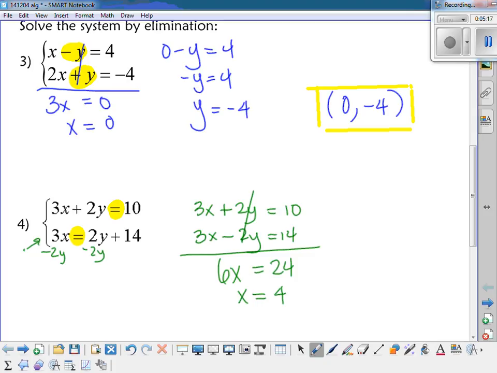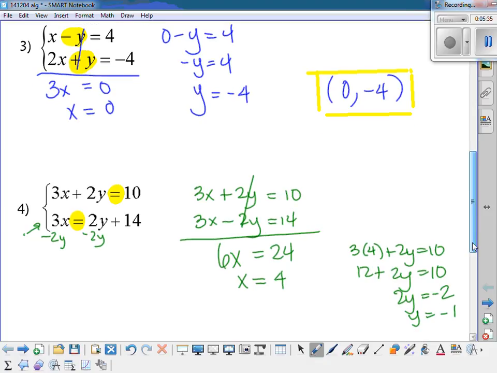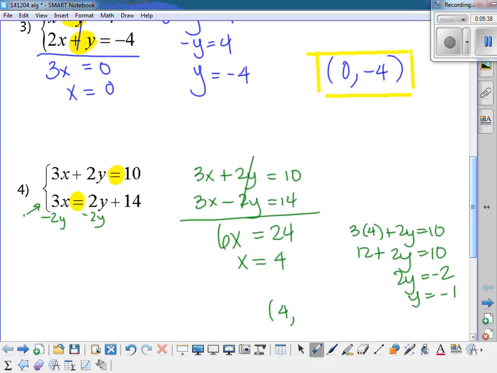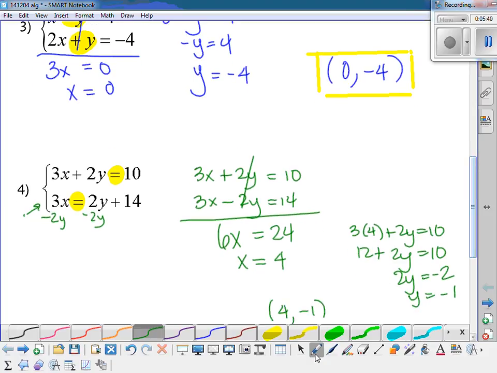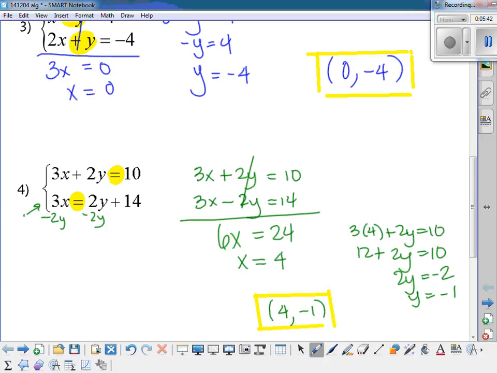All right, then I can just go back and plug that into either equation. So 3x plus 2y equals 10. So I have 12 plus 2y equals 10. Subtract the 12. 2y is negative 2, and so y is equal to negative 1. Okay, so the answer would be 4, negative 1. Questions?